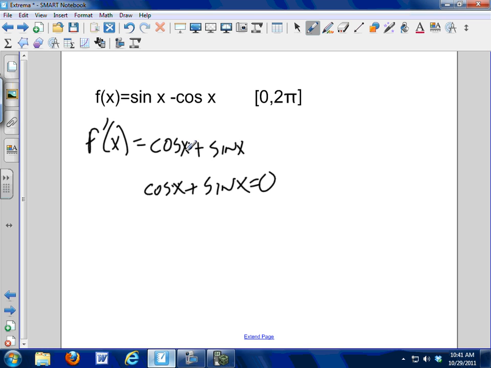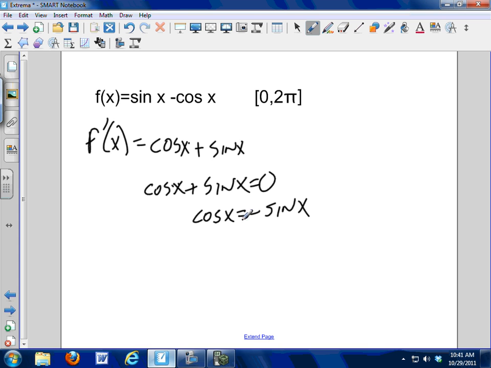And notice I don't just write that equals 0 because it makes it like a run-on sentence. The derivative is not always equal to 0. We're looking for the specific case where it is. So that's going to be when the cosine of x is equal to the negative sine of x. I don't have my trig card in front of me, but that is going to be some multiples of pi over 4.